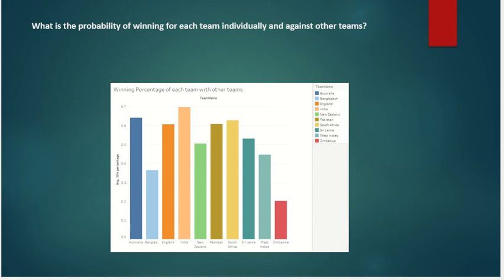From this chart, we can see that India has the highest winning percentage, followed by Australia, and Zimbabwe has the lowest winning probability. When we drill down further, we can see each team's winning probability against another team.